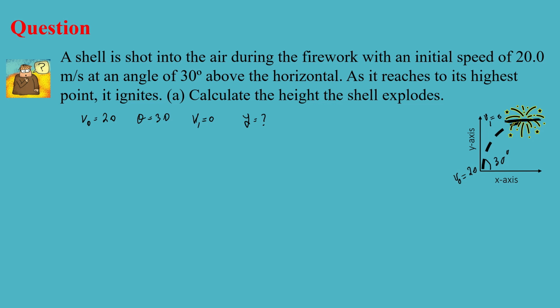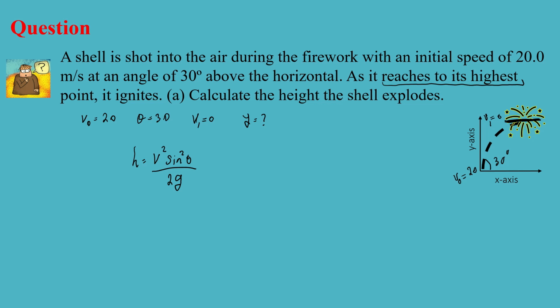At this point, the best equation I can choose is this equation: h equals v squared sine squared theta over 2 times g. The reason I'm saying this is the best equation I can use is that the problem says it reached its highest point, and I do have an equation for that.